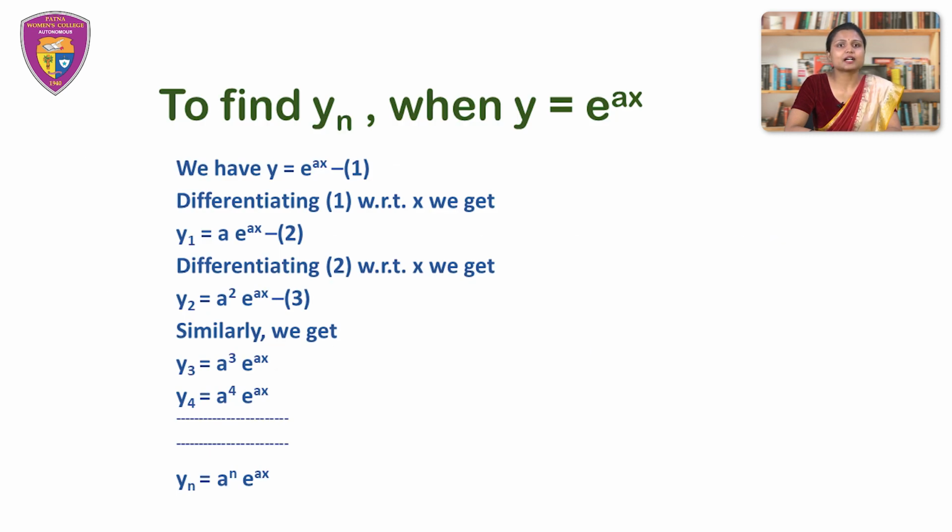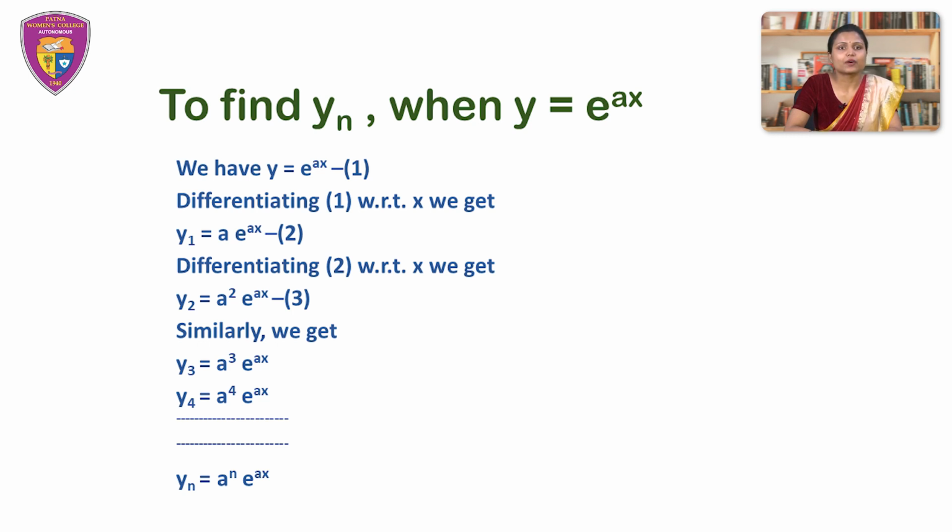Let us take an example here. To find the nth derivative of y equals e to the power ax, we will differentiate the given function with respect to x, that is y1 equals a into e to the power ax. Differentiating the first derivative with respect to x, we get the second derivative, that is y2 equals a square into e to the power ax.